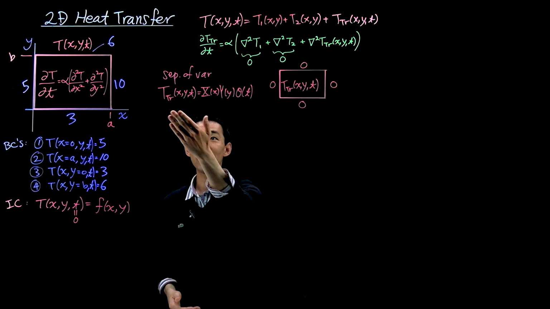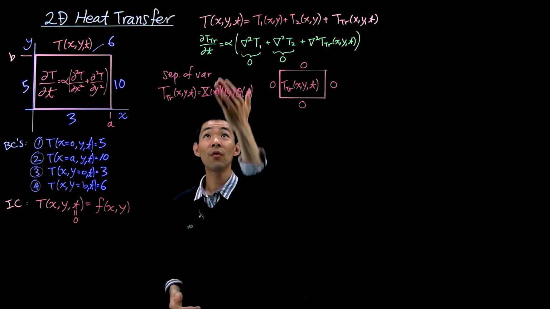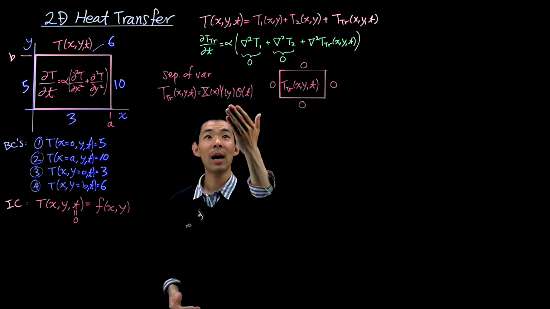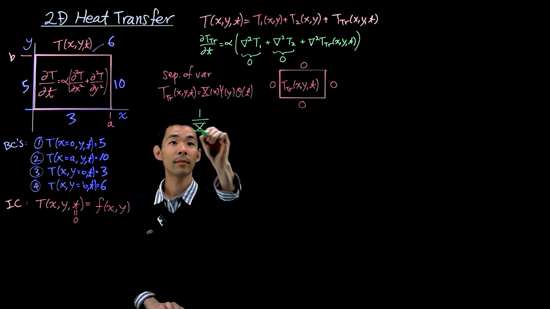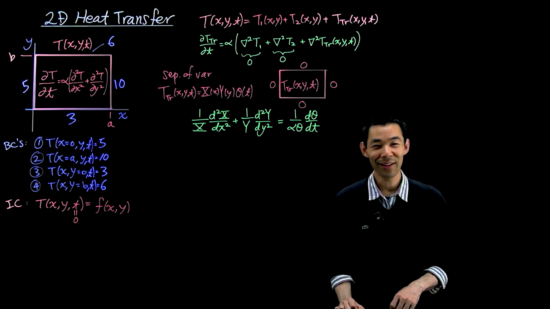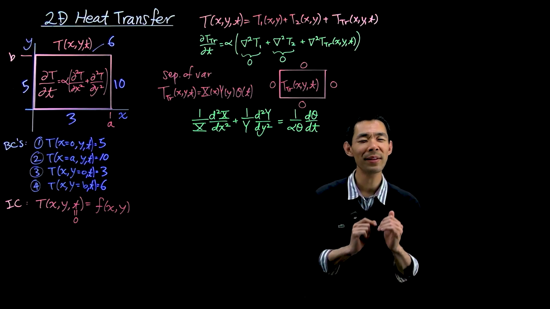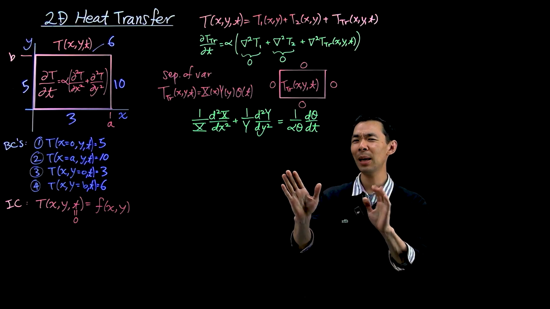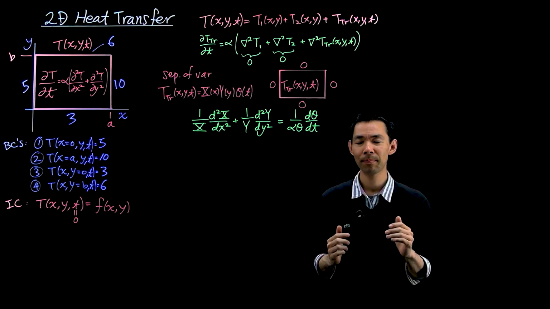Now, let's plug in this separation of variables for the T transient terms right here and see what happens to X, Y, and theta. It'll look like this. So I've skipped one step, but I think you've done enough problems now to be able to see this just in your head.